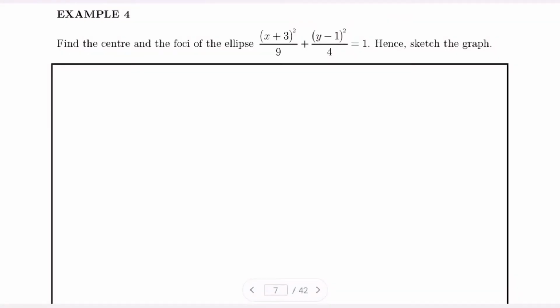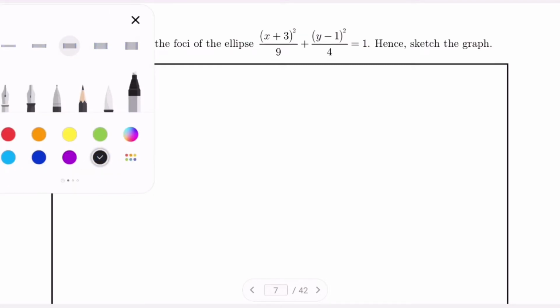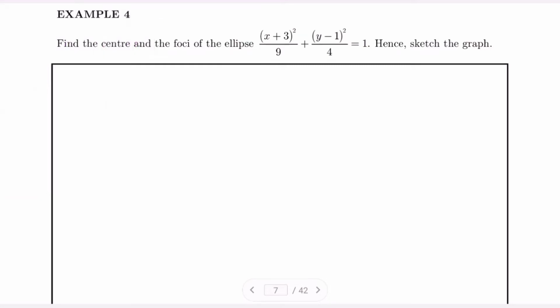For example 4, we have to find the center and foci for the ellipse (x plus 3) squared over 9 plus (y minus 1) squared over 4 equals 1. And then we need to sketch the graph. Okay, we're going to compare with the formula, (x minus h) squared over a squared plus (y minus k) squared over b squared equals 1.